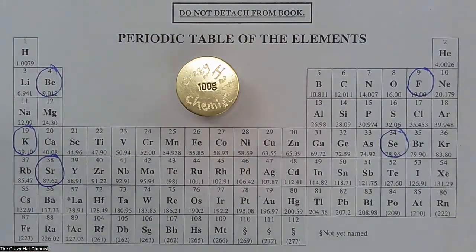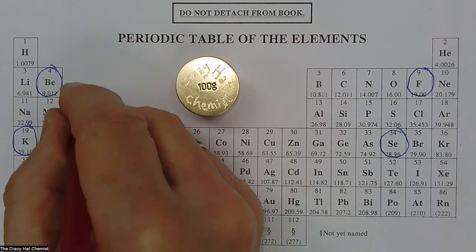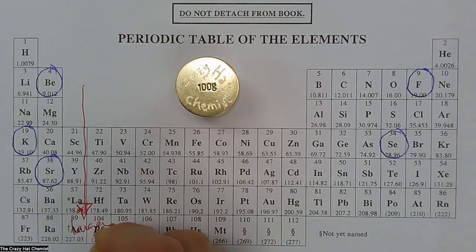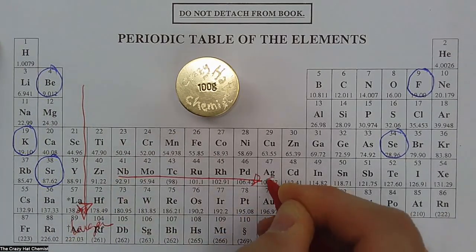So we need to figure out which one is the largest in size. Your trend is as you go down a group, you get larger. As you go to the right, you get smaller.